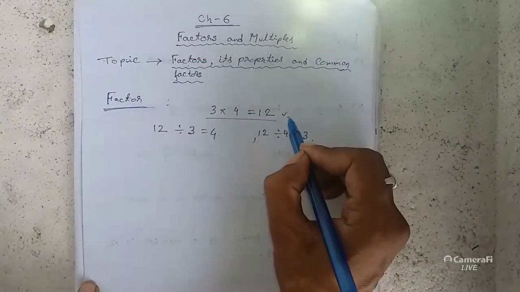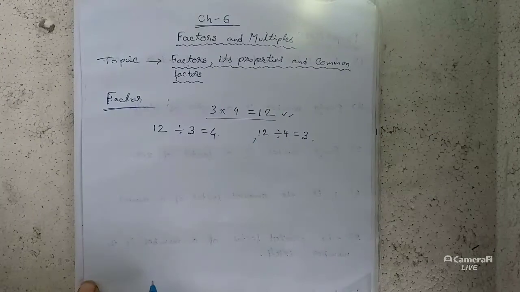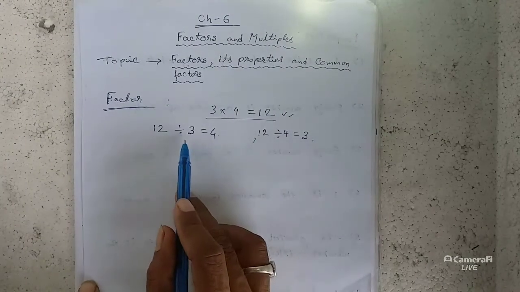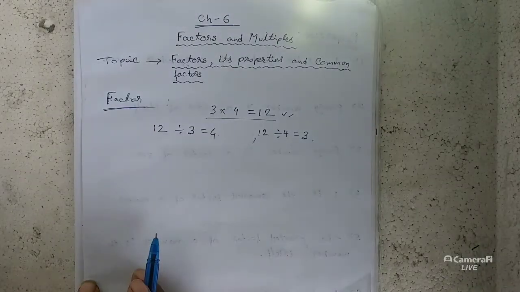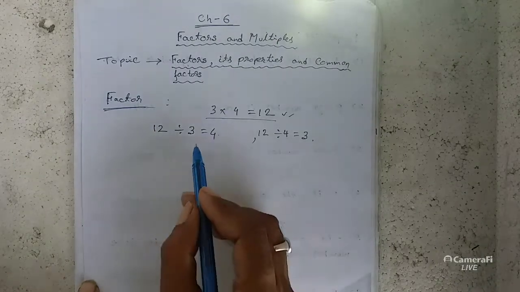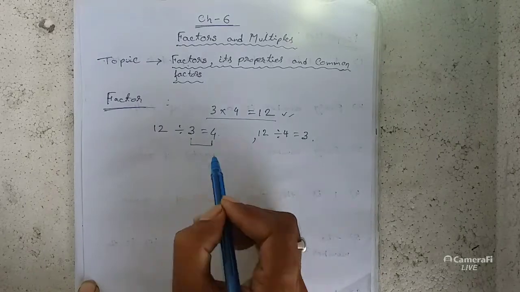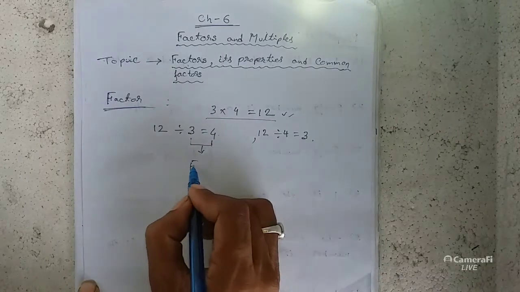So from this multiplication fact, it follows that 3 can divide 12 and 4 can divide 12. So here 3 and 4 both are factors.